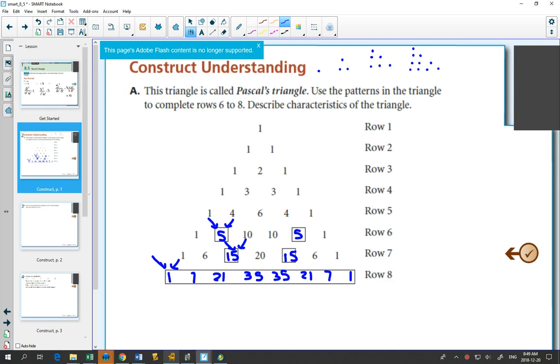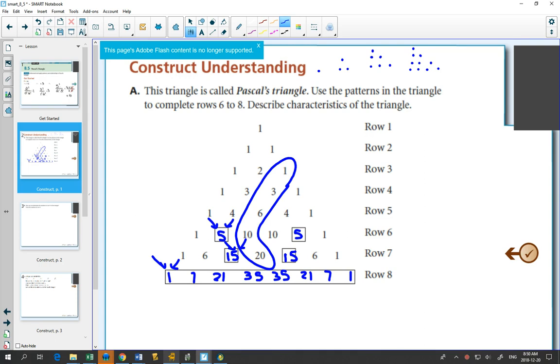But another way that you can figure out any number in Pascal's triangle, and in some places this is called the sock rule, but I like to call it the hockey stick rule because we're in Canada, is if you make a hockey stick, beautiful hockey stick, the numbers in the shaft of the stick, 1, 3, 6, 10, always add up to the number in the blade of the stick, as long as you're starting from the edge.